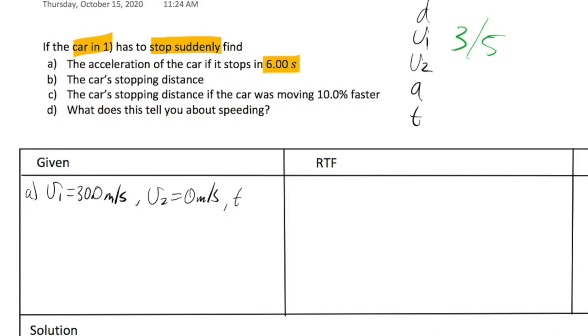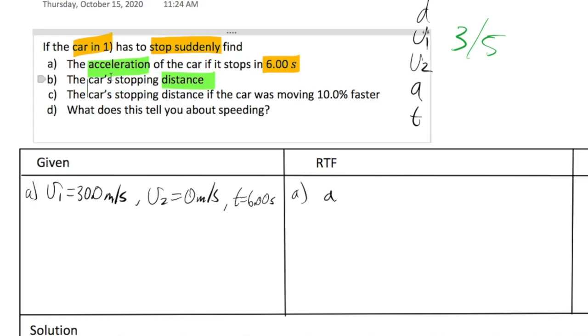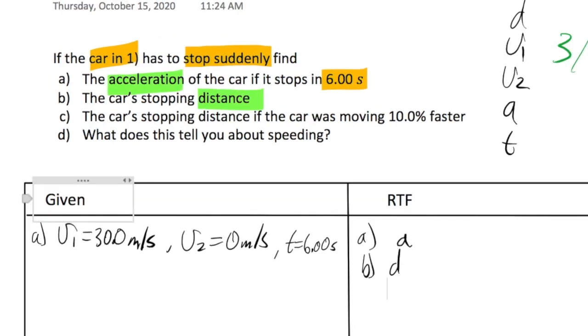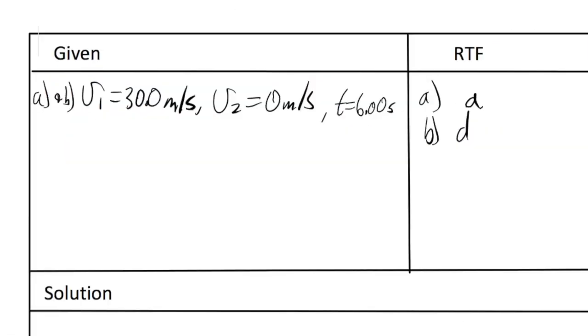So our time is 6 seconds. And in part A, we're asked to find the acceleration. So part A, acceleration. Okay, so now in part B, we're asked to find the car's stopping distance, which really is just distance. So now that information that we have here for part A also applies to part B. So for part B, we're looking for distance, and that means this is for A and B.